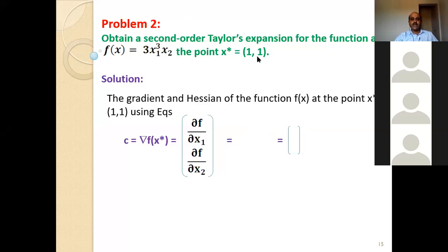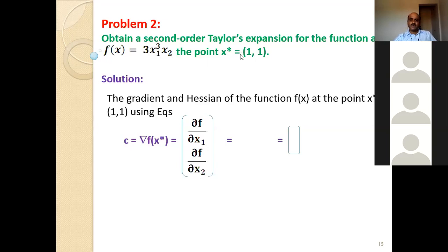Please solve it and get me the gradient vector. What should be the answer? I gave the equation here. Partial differentiation of the function with respect to x1 first, and with respect to x2.